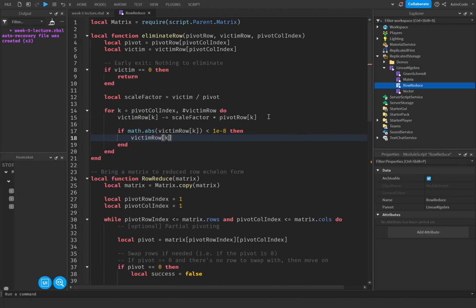We know what we were intending to do. All right, so this is how we're going to eliminate a row. We get a pivot, we get the scale factor of the victim element with the pivot, and then we subtract away the pivot row from the victim row.